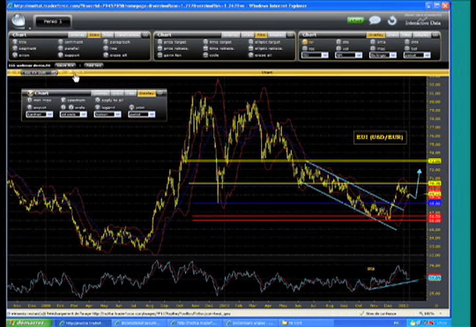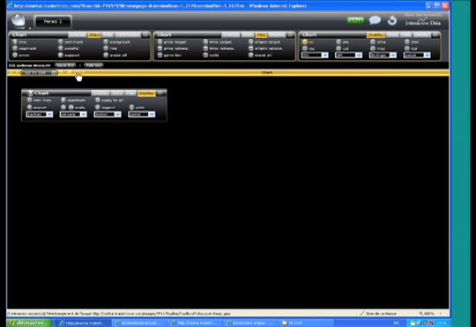Because the upside breakout of the bearish channel is very clear. Technical indicators are bullish, and we have the confirmation with the USD index. So my favorite at this stage is EUI, not CDD.